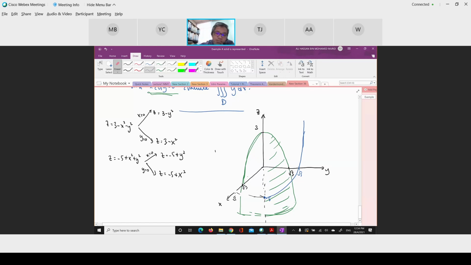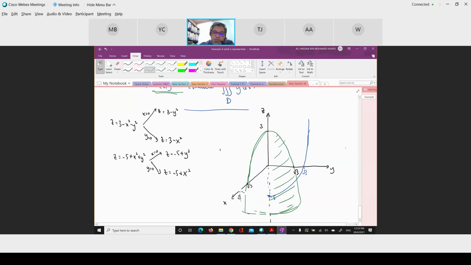As you can see, sometimes it's challenging. Maybe I should draw minus 5 a little bit lower at the bottom here, because minus 5 is something like this. And you have this arm here.